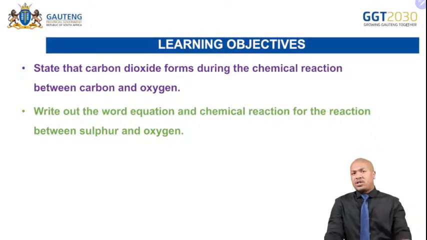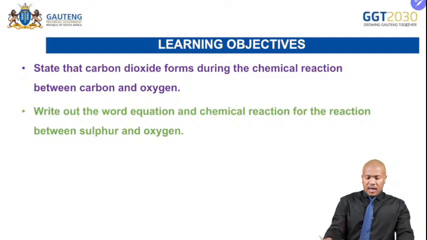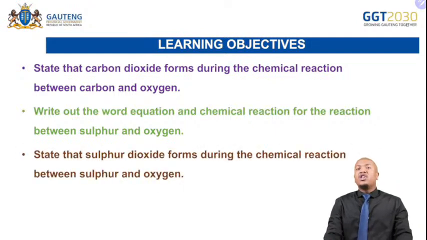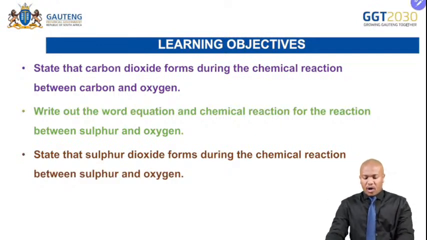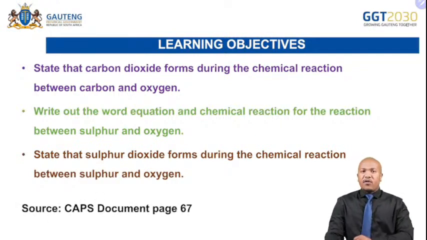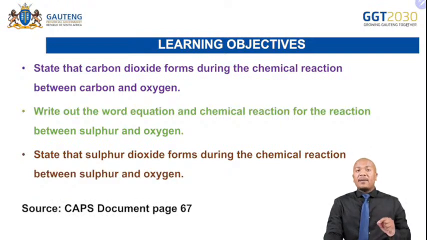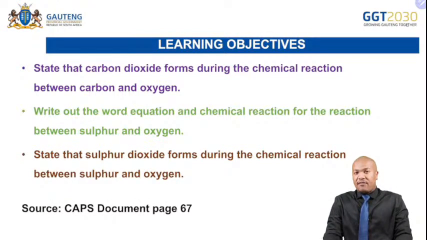Carbon and oxygen. Then lastly, you need to be able to state that sulfur dioxide is a product formed during the chemical reaction between sulfur and oxygen. Are we together, grade 9s? Moving on. This information is found in the CAPS document on page 67.